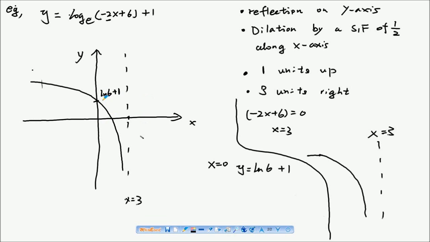I can label the graph in this form because this is the exact value of the y-intercept. I don't have to change it to a decimal number unless the question specifies.